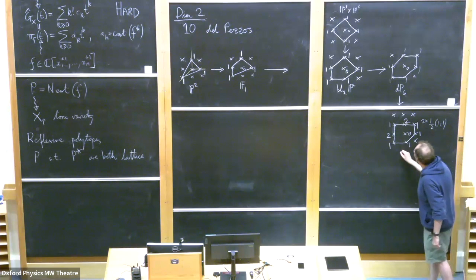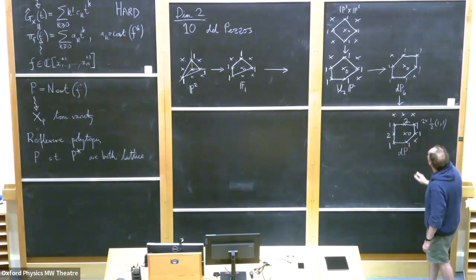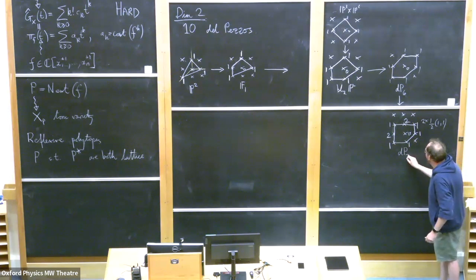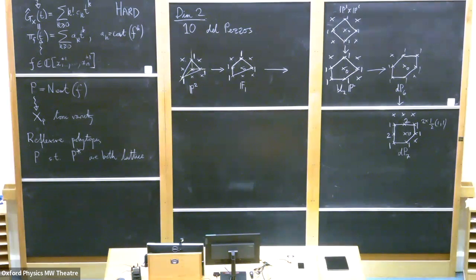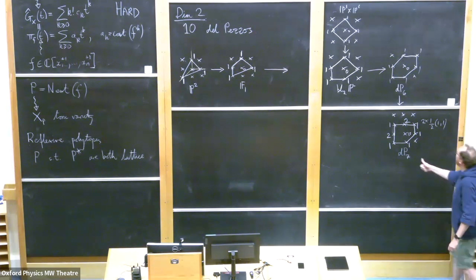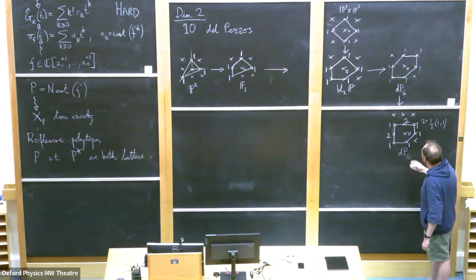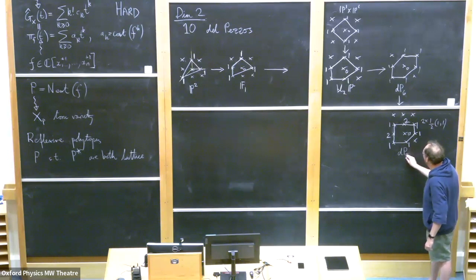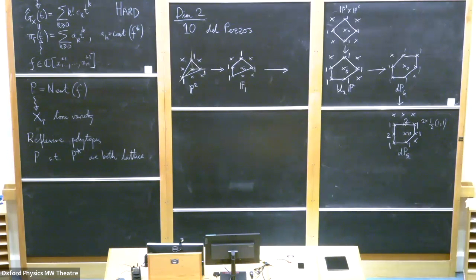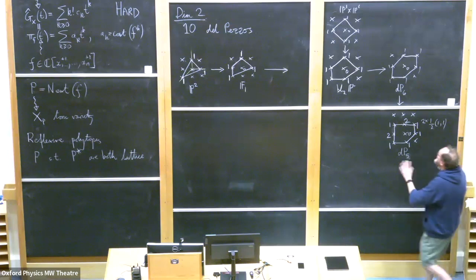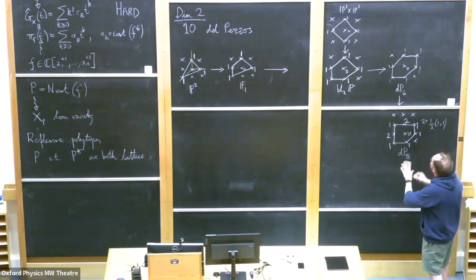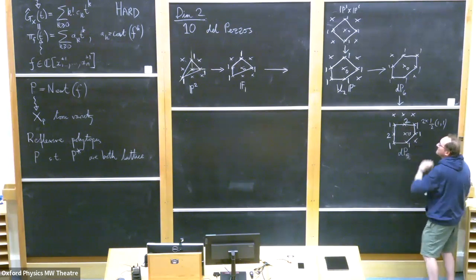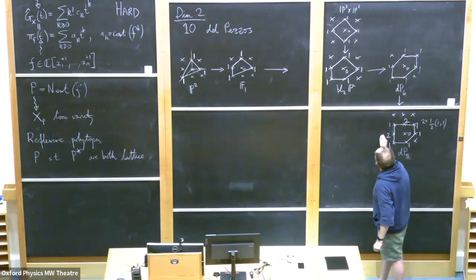And I'm going to write dp 7 here. Would you be happier if I wrote dp5? I'll write dp5. Okay, it doesn't matter. So this is another one. And the interesting thing is this wasn't smooth, but it's still a reflexive polytope.